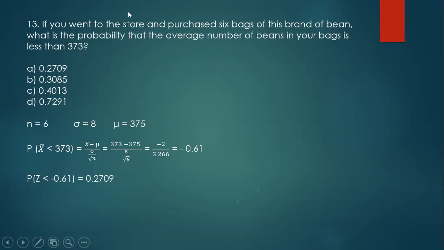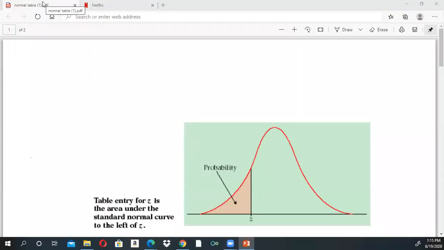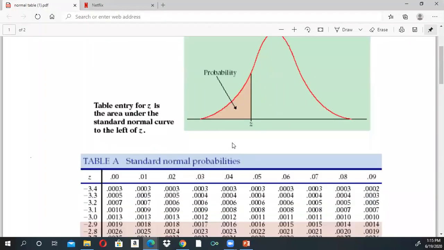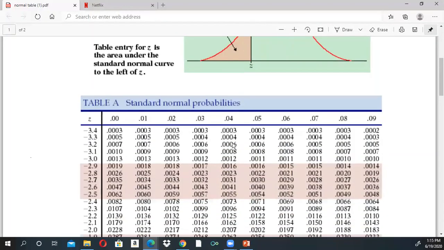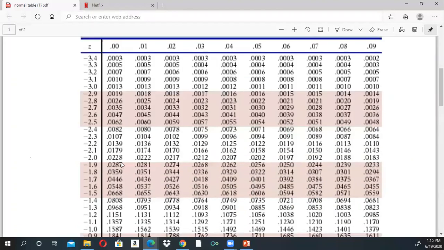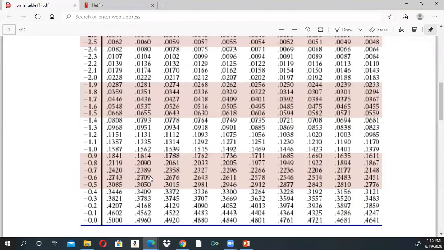We could go into our normal distribution table, the negative normal distribution table. The value that we had was negative 0.61. So the value is going to be 0.2709.